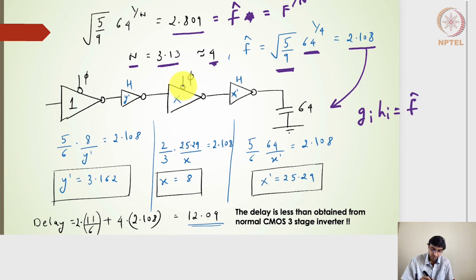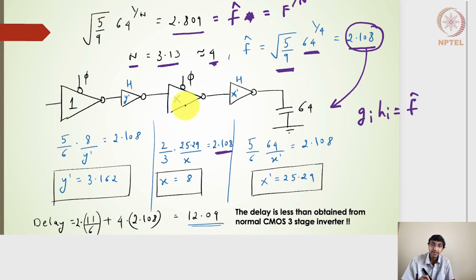Similarly, if I want to find out the X value, which is the gate size of this dynamic inverter, I now know the X dash value, and its GD value is 2 by 3 multiplied by 25.29 divided by X. It will be nothing but 2.108, coming from our F cap value. So X turns out to be 8. For this dynamic inverter, the gate size is 8.